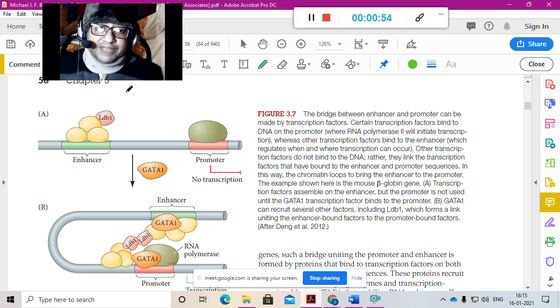Say over here they have given a transcription factor, the name is LDB1. There is another general transcription factor known as the GATA transcription factors. They bind to the enhancer region, and one binds to the polymerase region, and it forms a bridge.